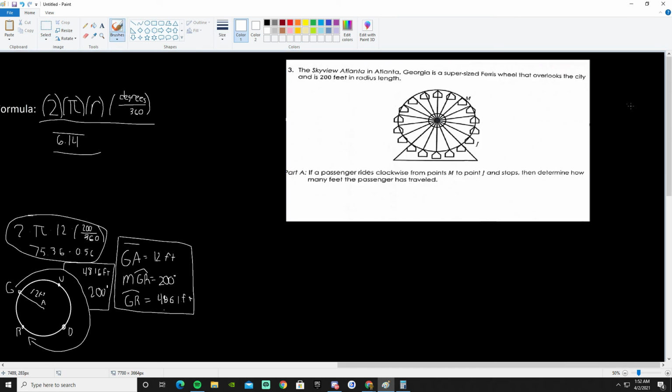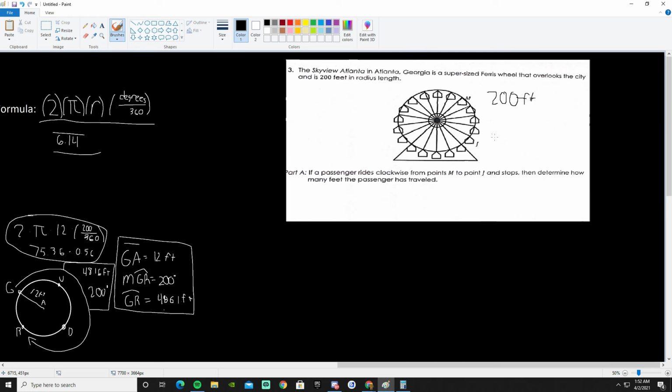Alright, I'm not really sure how to do this one, but my guess would be you find the circumference of the circle. If the radius is 200, that means each one of these lines to the center would be 200 feet.